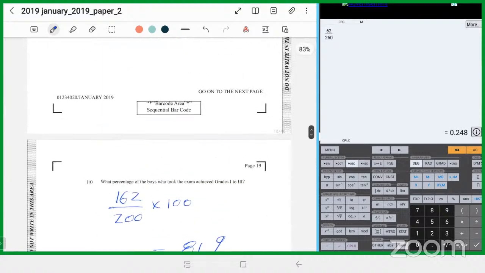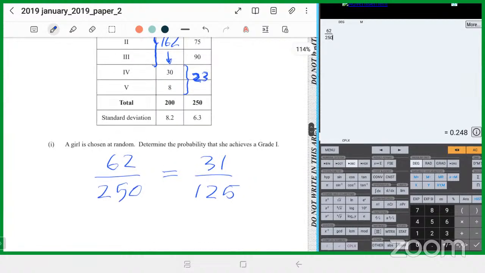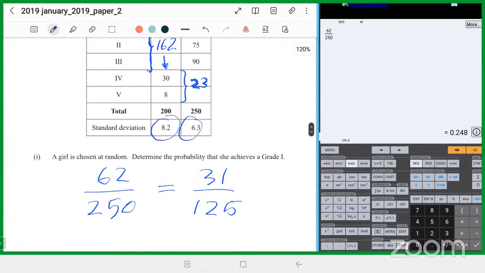All right, let's look at the standard deviation now. So these are the standard deviations. What happened is that the standard deviation of the boys is higher than the standard deviation of the girls. What does that mean in simple terms? Firstly, standard deviation is a measure of spread in relation to the mean grade.